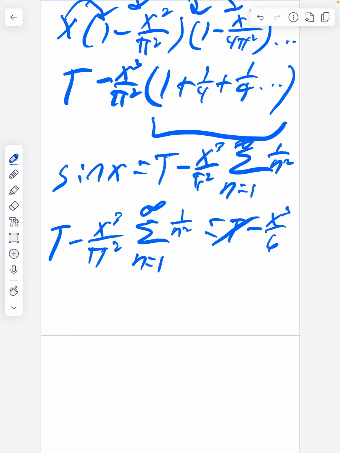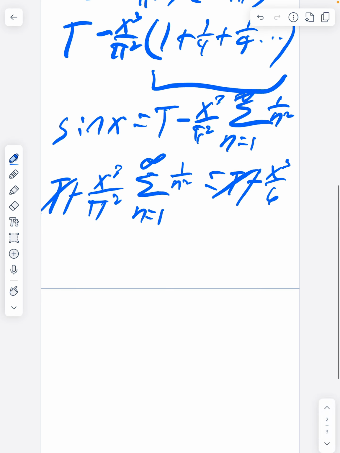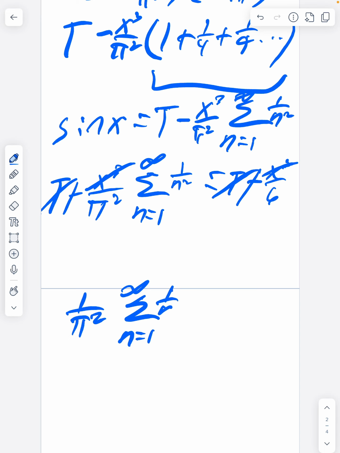Now we can cancel the tail on both sides, and then the negative sign on both sides. So this becomes a plus, that becomes a plus. And then we could divide out this x cubed term too. Now we have 1 over pi squared times the sum n equals 1 to infinity of 1 over n squared is going to be equal to 1 over 6.